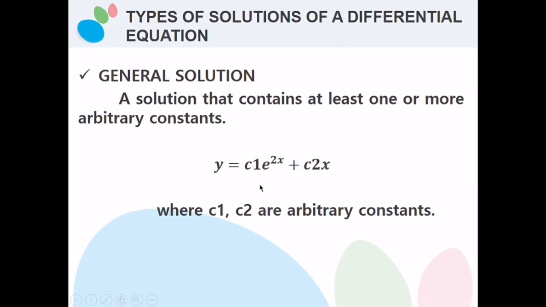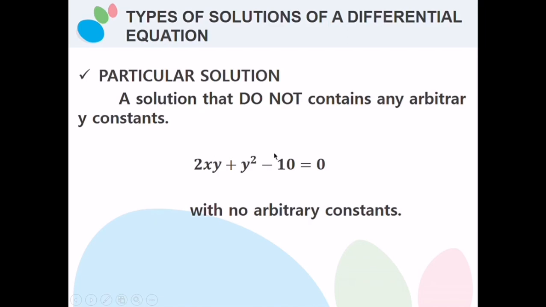And this equation is our general solution. Take note, it contains one or more arbitrary constants. The second one is the particular solution. It is a solution that does not contain any arbitrary constant. In this equation, there are neither c1 nor c2 because it has no arbitrary constants.